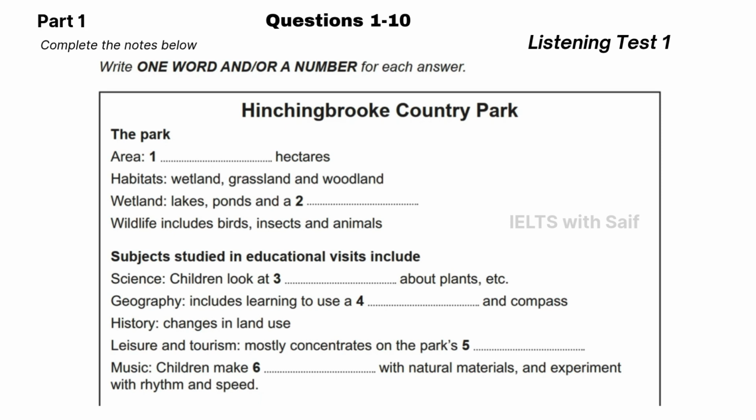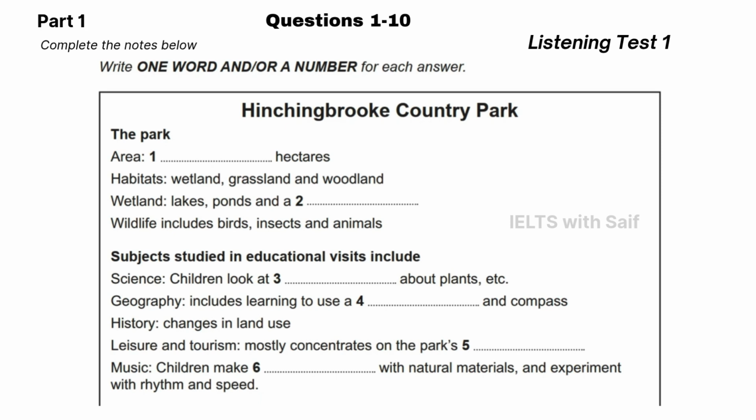And I understand you organise educational visits for school parties. That's right. We can organise a wide range of activities and adapt them to suit all ages. Can you give me some examples of the activities? Well, one focus is on science, where we help children to discover and study plants, trees and insects.